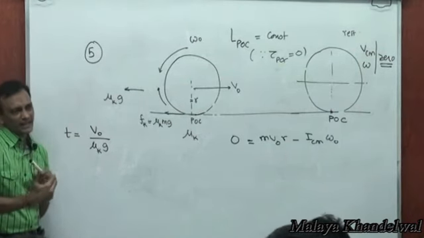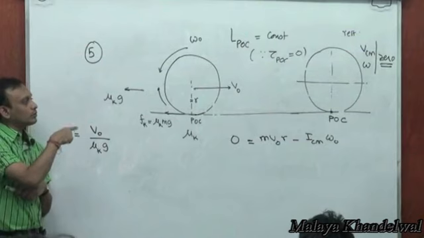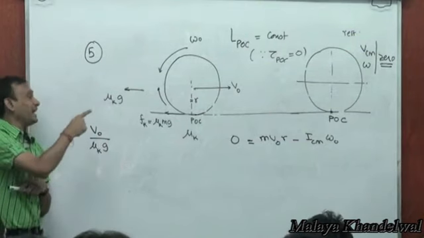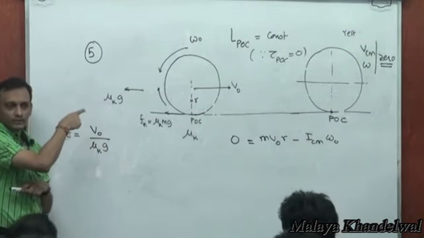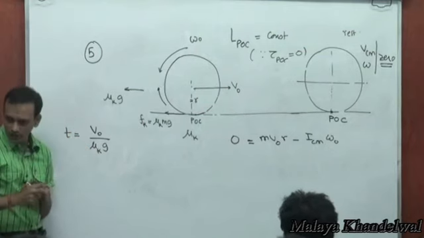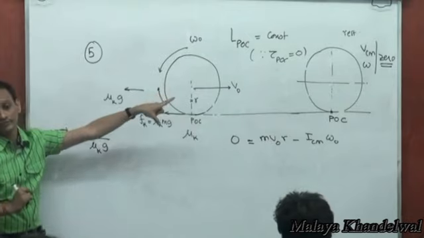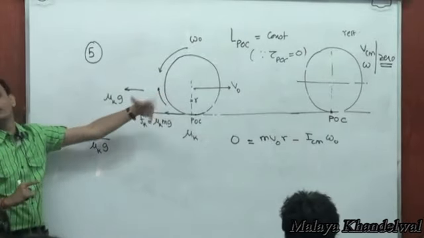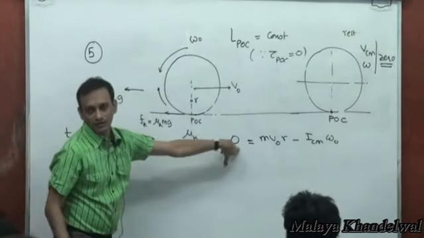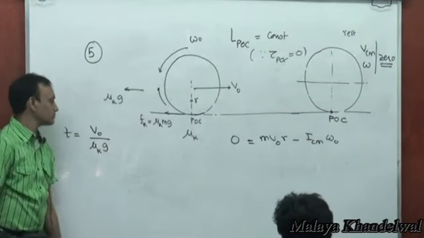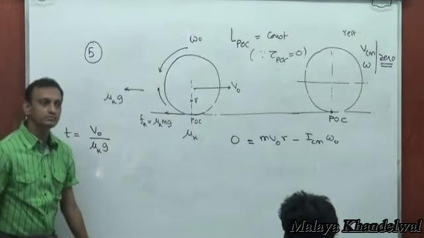Applying V equal to U plus A T: V is 0, U is V naught, and A is minus mu k g. So T becomes V naught by mu k g. That's the time taken for the velocity of the center of mass to become 0. And at the same instant, the omega also becomes 0. Simple.